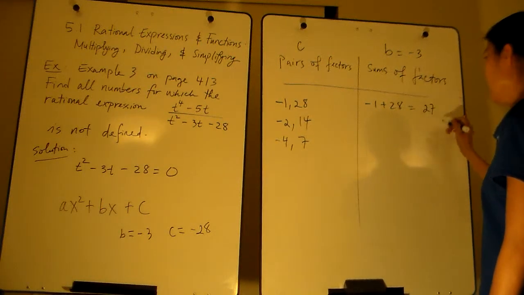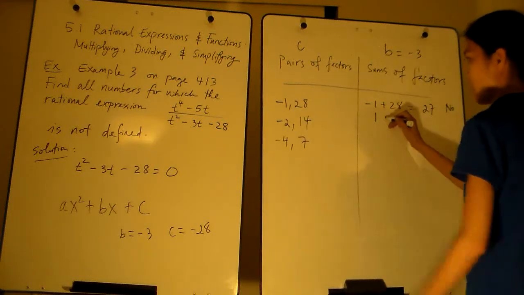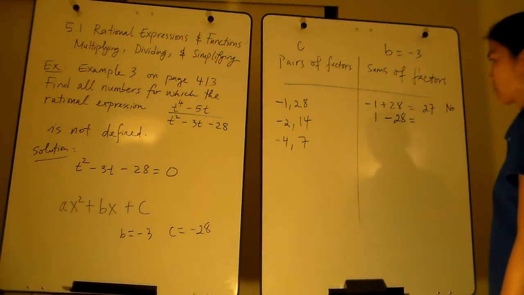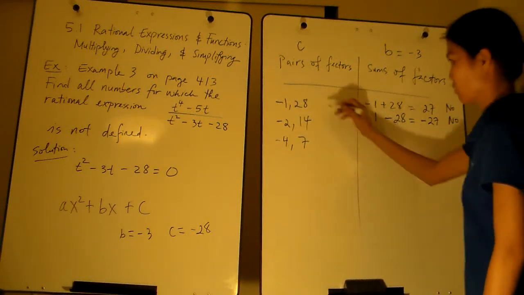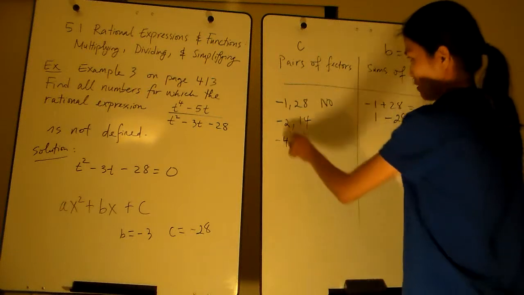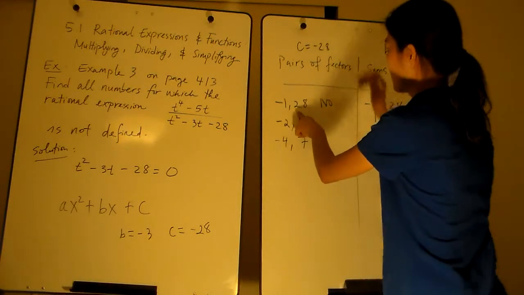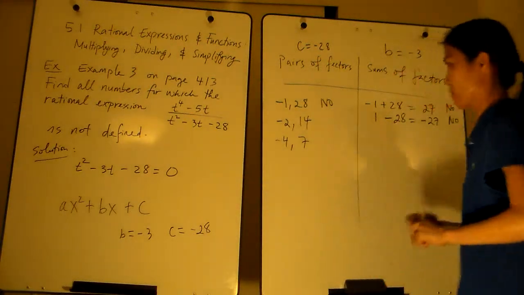This is 27. No. How about the case where you have positive 1 and negative 28, so it's equal to negative 27, so still not the case. So you know that these factors of c are not the factors for the trinomial.